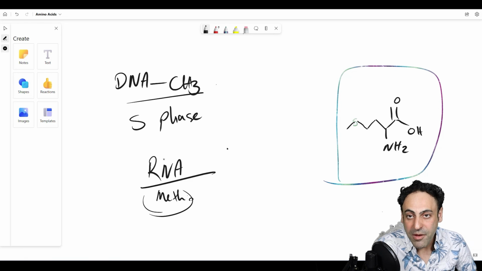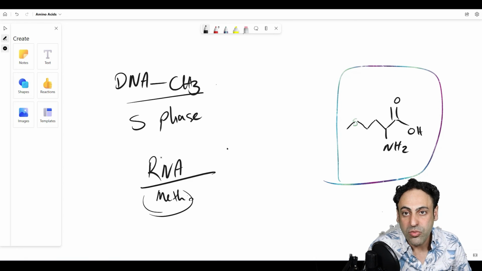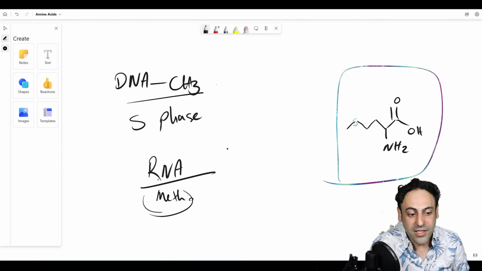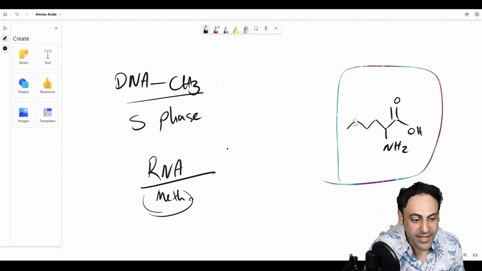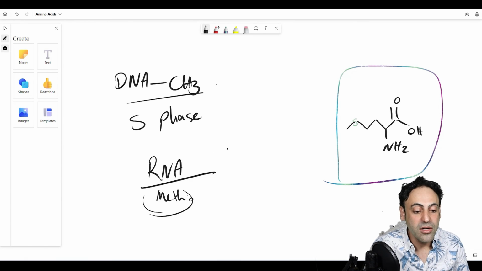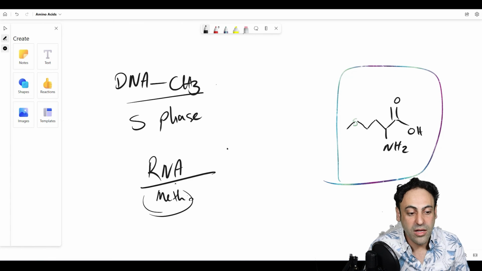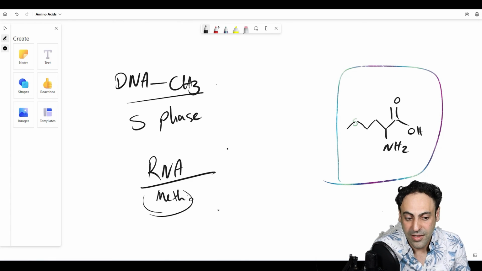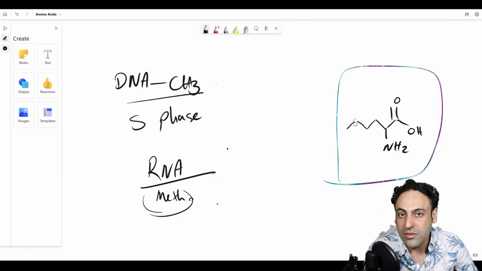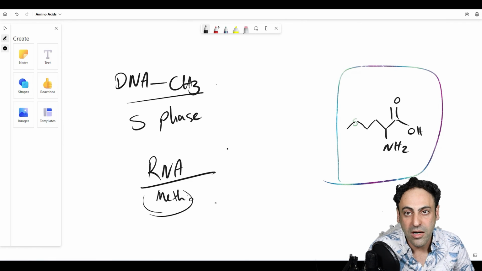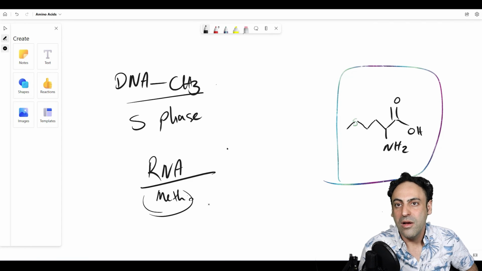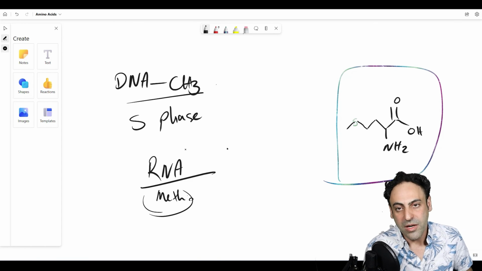That's why if the person takes too much methionine, it's going to help those cancerous cells to reproduce more. But when the person takes less of it, it's going to create enough for the body, for the normal cells, but it's not going to create extra for the RNA structure and RNA reproduction of the cancerous cell. This is very important. The cancerous cells don't have the recycling system for methionine, but the normal human cell has the methionine recycling system, which is very important.